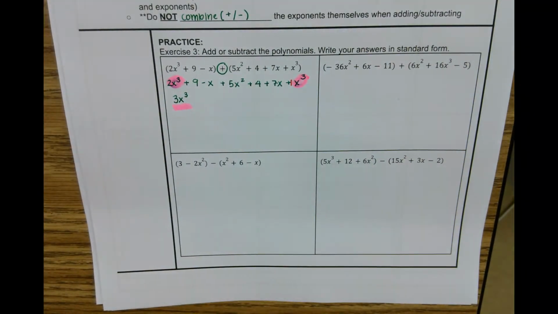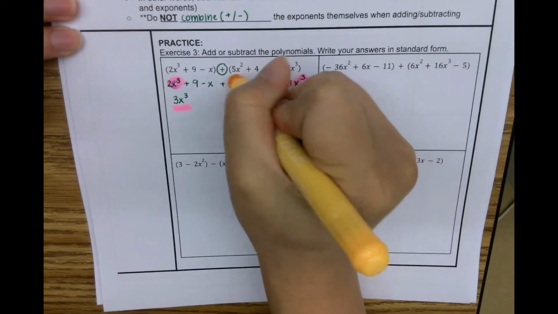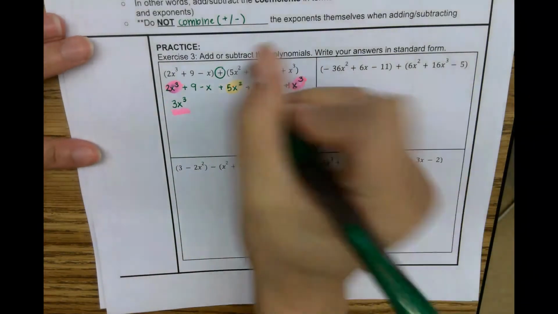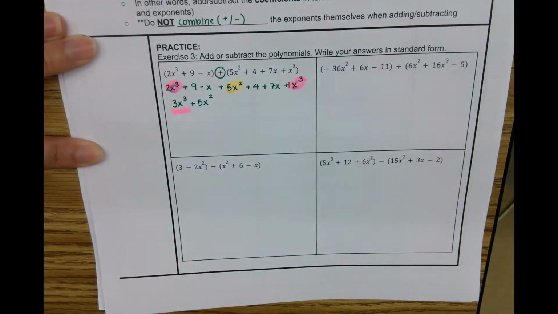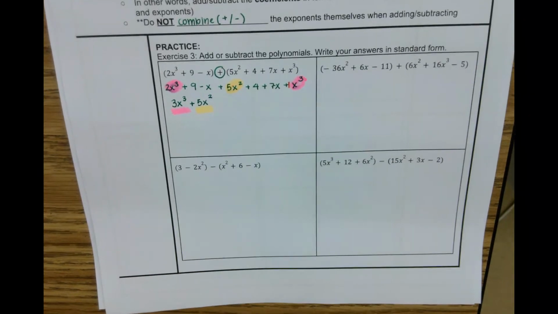Then I'm going to do x squared. After x cubed comes x squared. So 5x squared, there is no other x squared, so that just stays the same. So 5x squared.